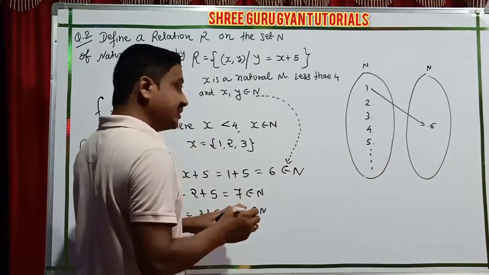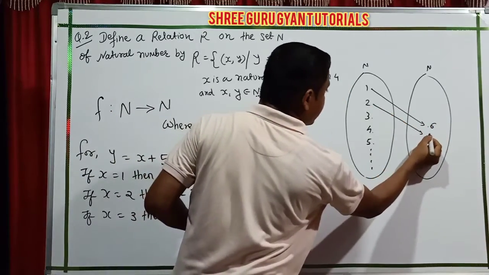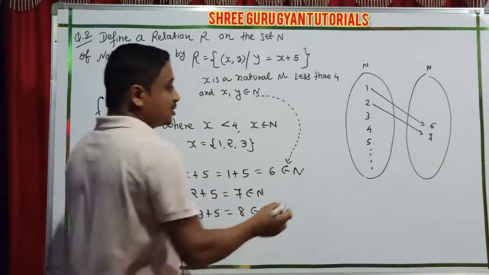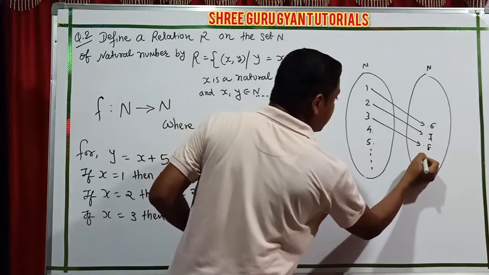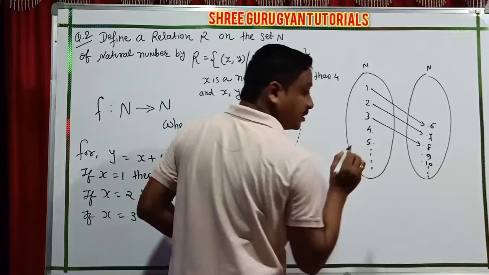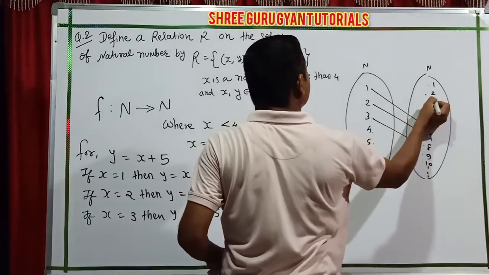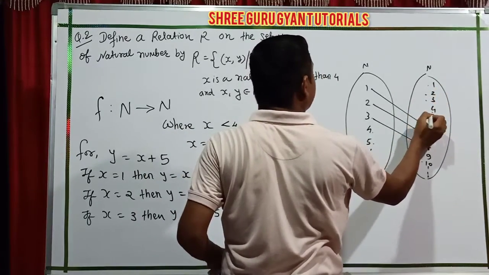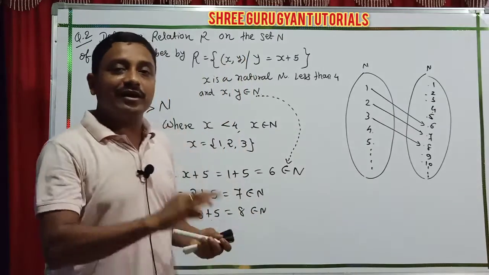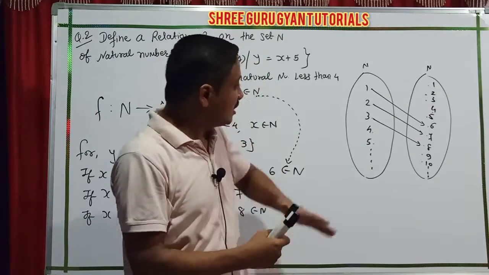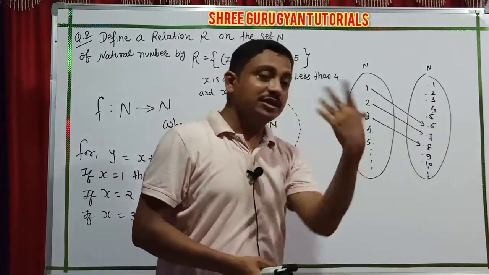Next, putting 2 gives 7, so 2 to 7. And putting 3 gives 8, so students, here 3 to 8. Other numbers are available, many numbers. Here also available 1, 2, 3, 4, 5. But the relation exists only for 1, 2, 3 to 6, 7, 8.